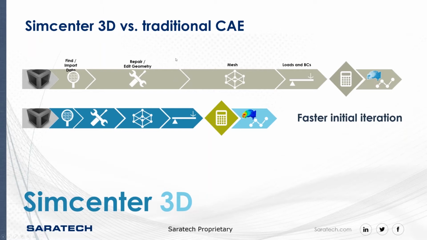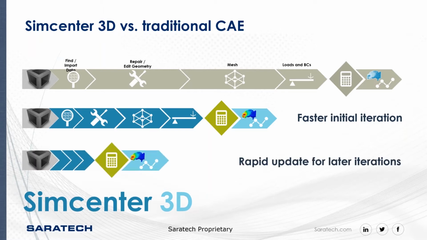This helps with your initial iteration, and all iterations after that are much easier to perform because it is linked to that CAD, it's all integrated, and it's easy to update. I'll show you how we can do that in the demo model.